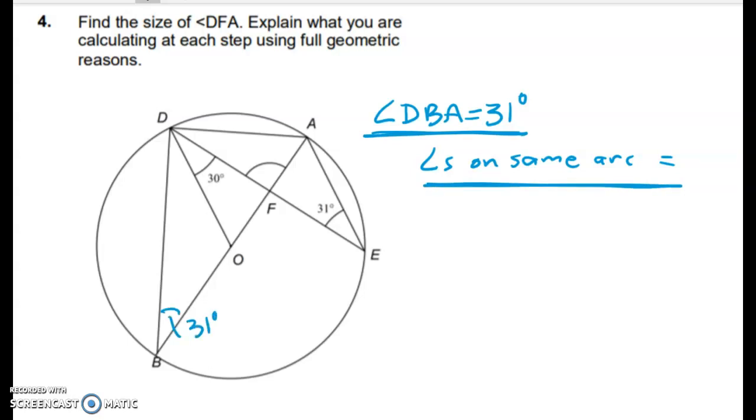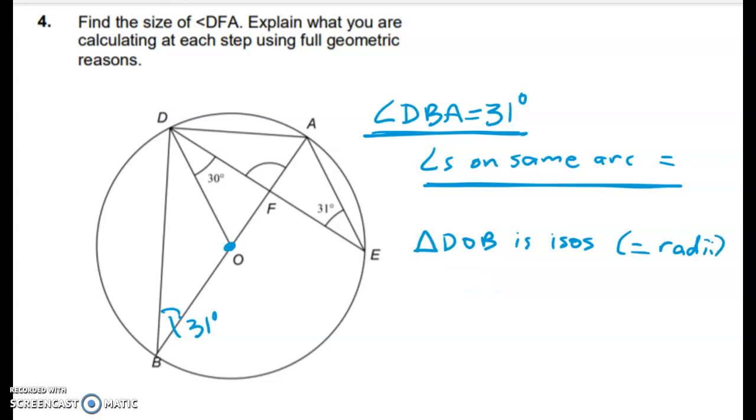Now there are quite a few places I can go from here, but what I'm going to do next is use the fact that this is the centre of the circle. So that means that triangle DOB is isosceles, and that's because the radii are equal.